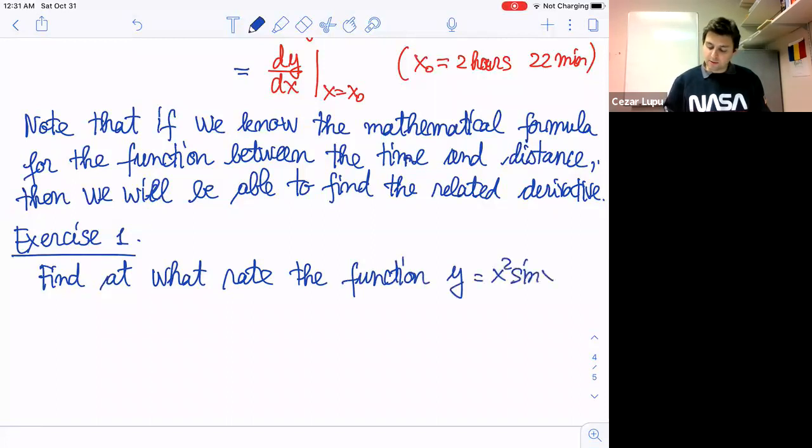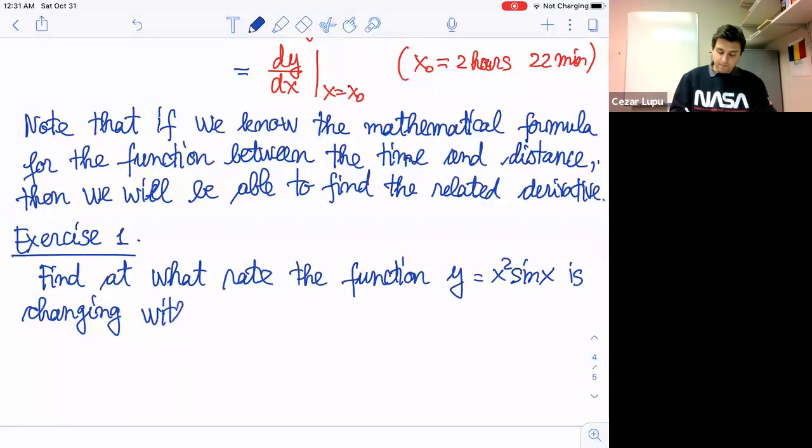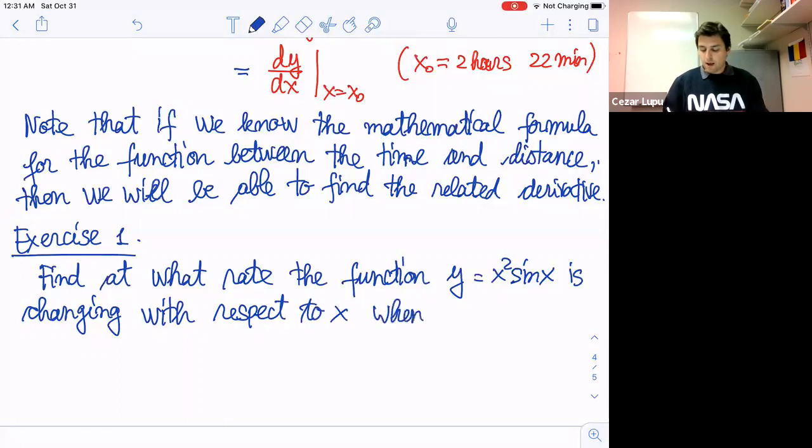So as you can see, this is a concrete function, is changing with respect to x when x equals pi. So we're interested in this, right? Okay.